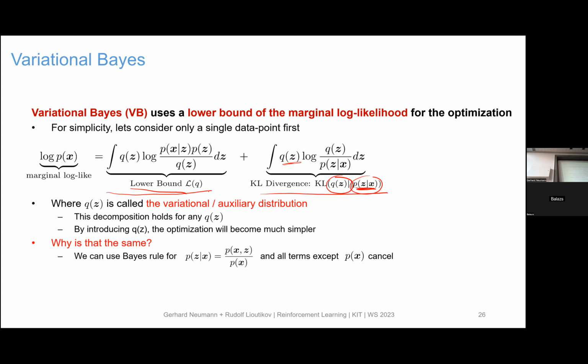Can you already see why it is a lower bound? If this part is always larger or equal to 0, then this part can only be smaller or equal to this part, isn't it? So it's always a lower bound.